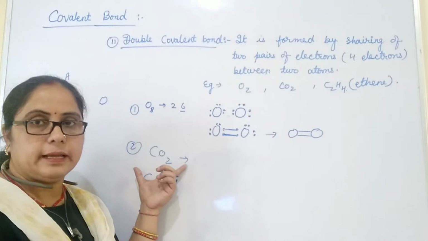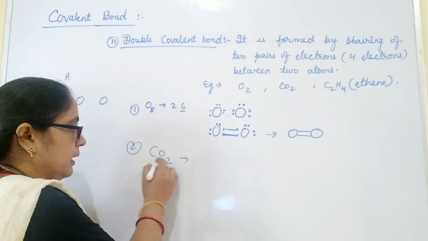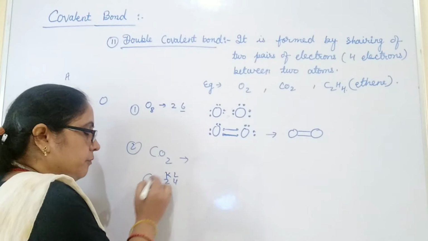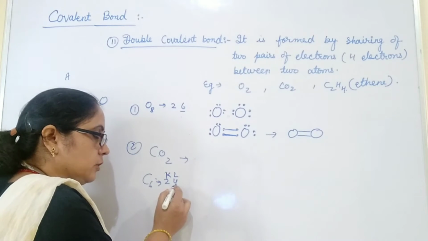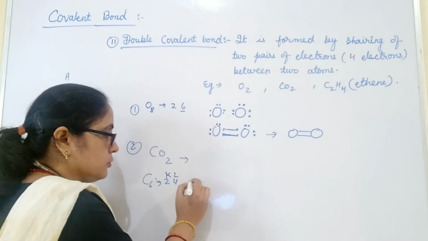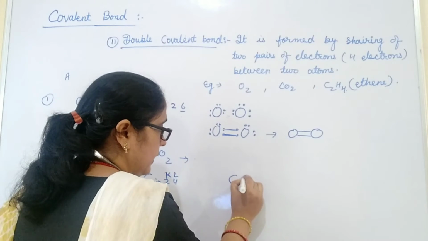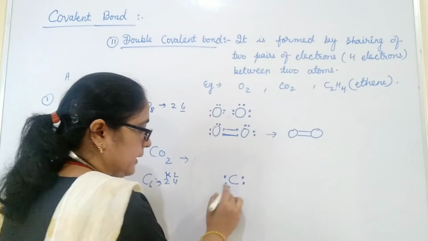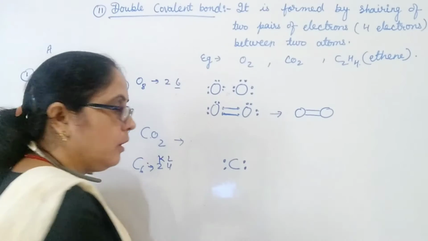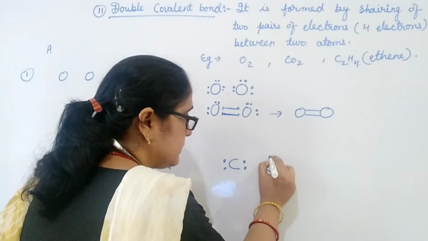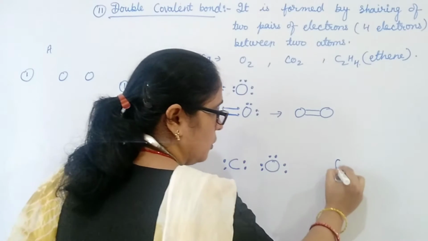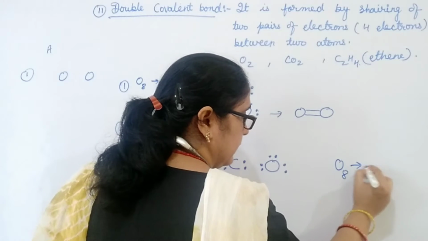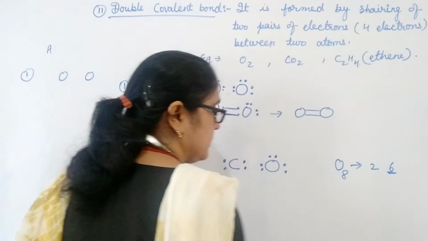In case of carbon dioxide, carbon combines with two oxygen atoms. We know the atomic number of carbon is 6. It contains 4 electrons in its valence shell, while oxygen contains 6 electrons in its valence shell because oxygen atomic number is 8 and electronic configuration is 2 and 6.